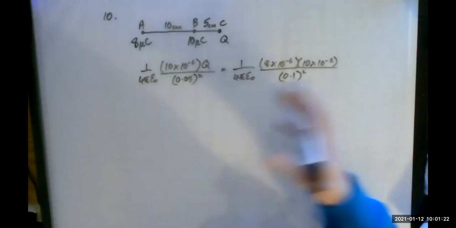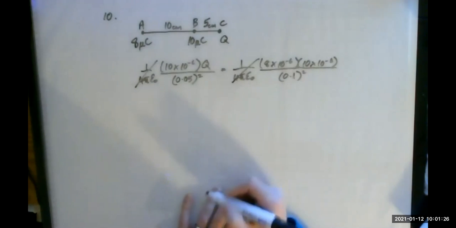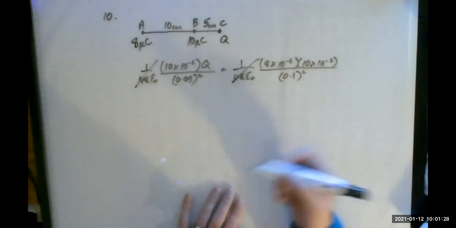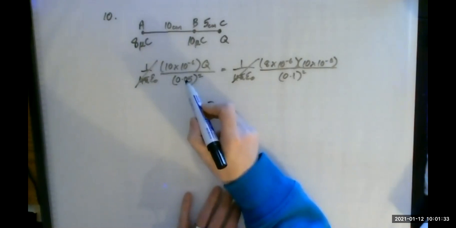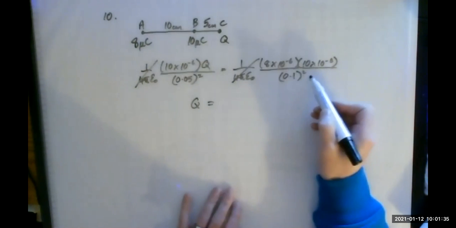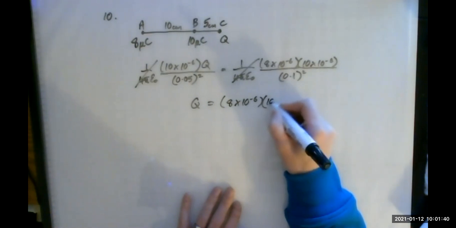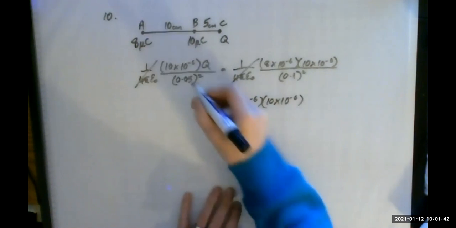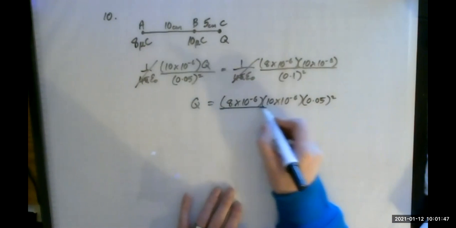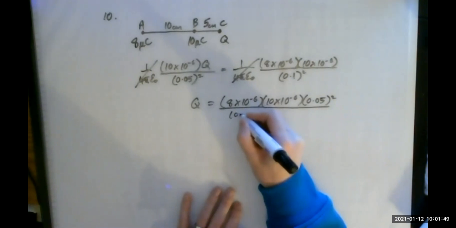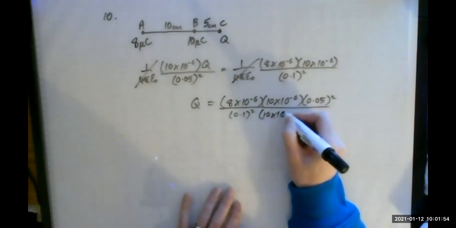Now, there's a formula. The constants cancel out, so we just solve for Q. So Q equals 8 by 10 to the power of minus 6, times 10 by 10 to the power of minus 6, times 0.05 squared, over 0.01 squared times 10 by 10 to the power of minus 6.